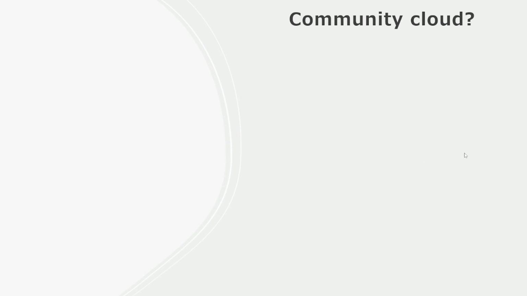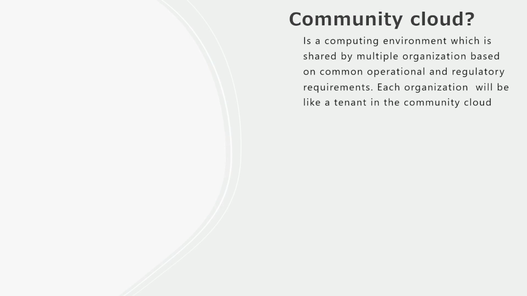The next one, that's the last one, not the least. It's a community cloud. What exactly is community cloud? It is a computing environment which is shared by multiple organizations based on common operational and regulatory requirements. Each organization will be like a tenant in the community cloud.